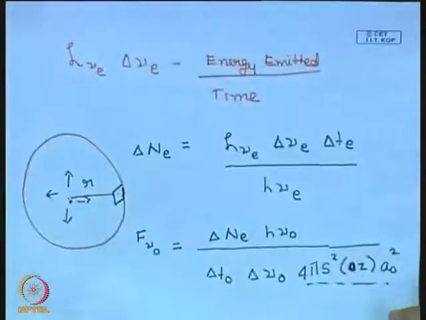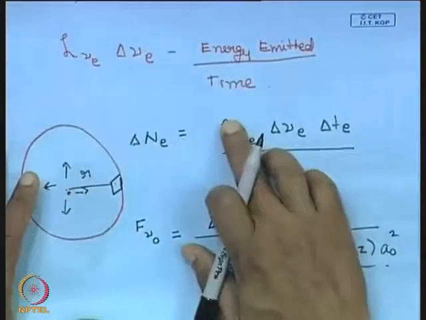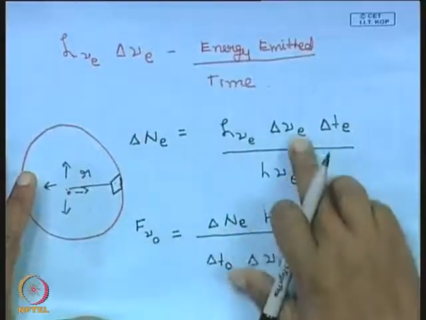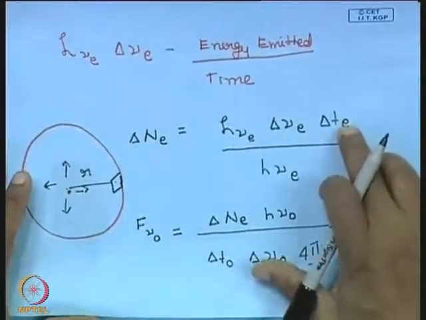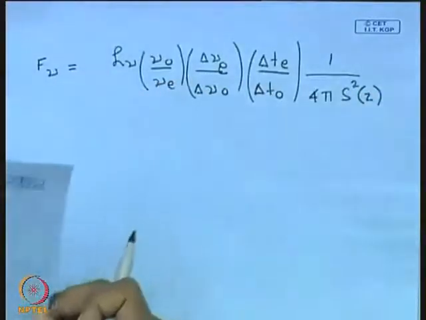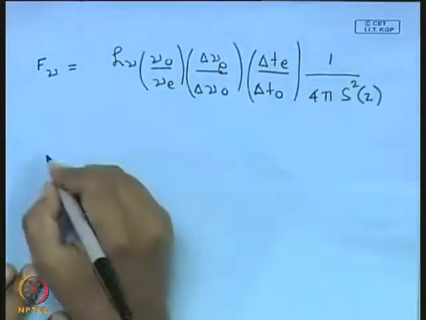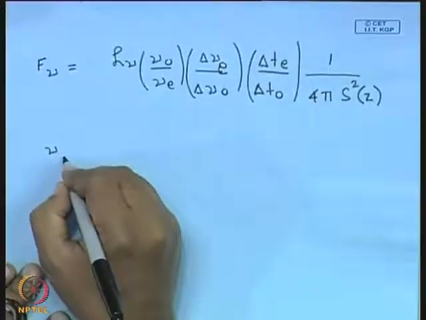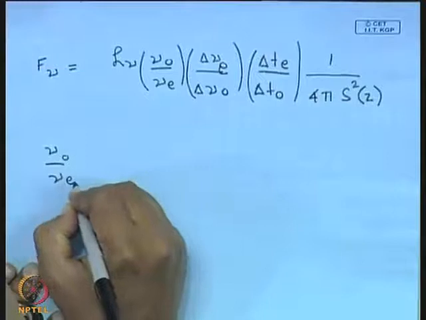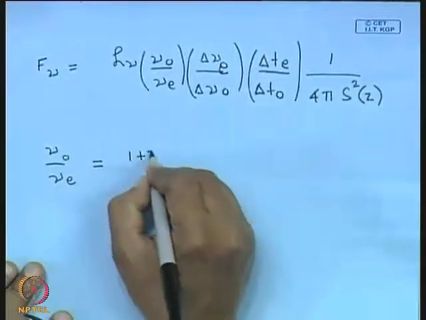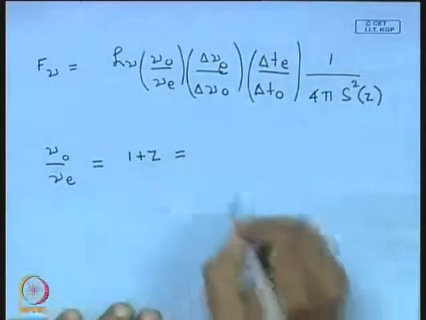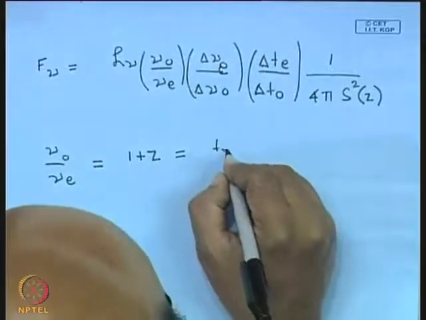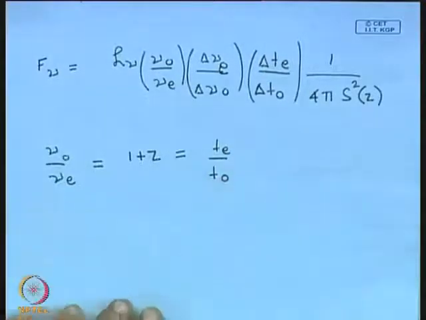Okay, that is what we have. So I have just put this delta nu over here. So I will have the ratio of delta T emitted by delta T observed, nu observed by nu emitted, and the delta T and delta nu ratios. Now we also know that nu observed by nu emitted is equal to 1 plus z, which is also equal to T emitted by T observed.